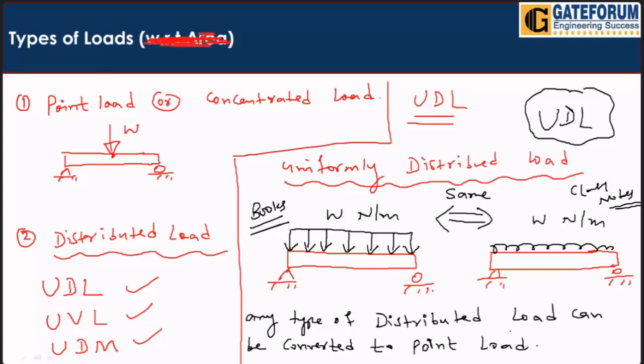Any type of distributed load can be converted to point load, but how? We are discussing on the next page. Any type of distributed load, whether it is UDL, UVL, or UDM, can be converted to one single point load.